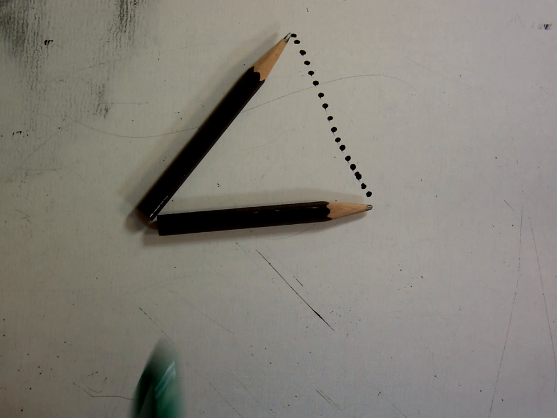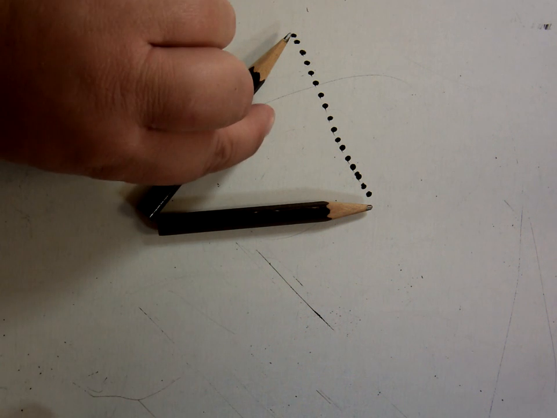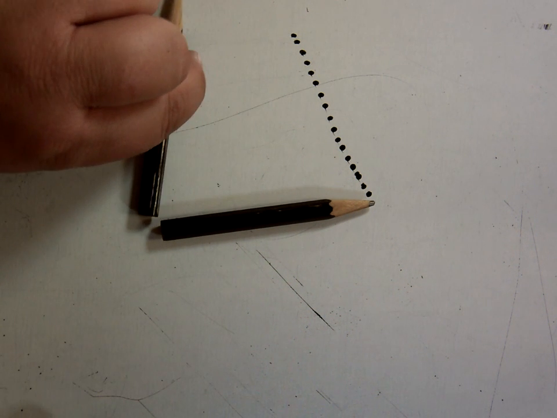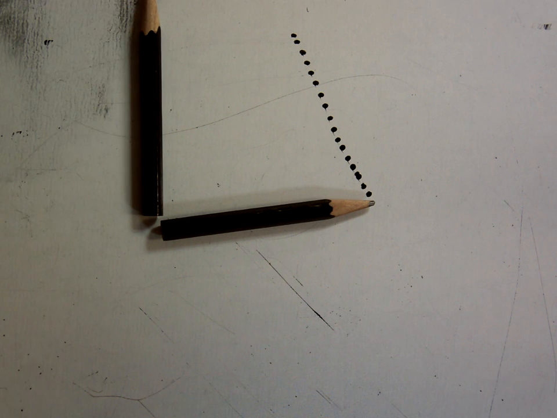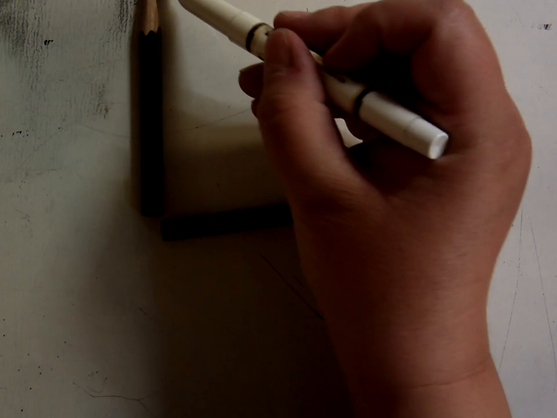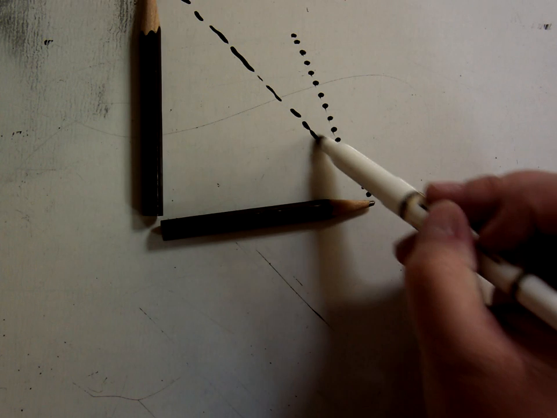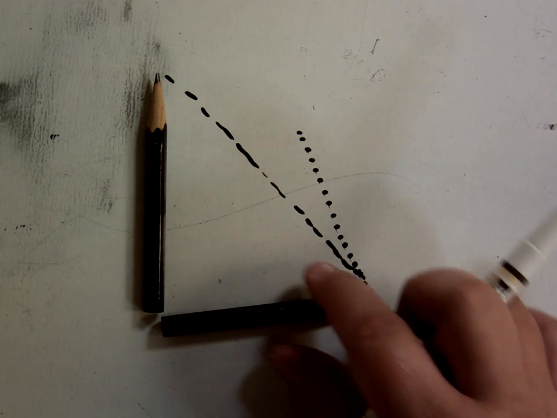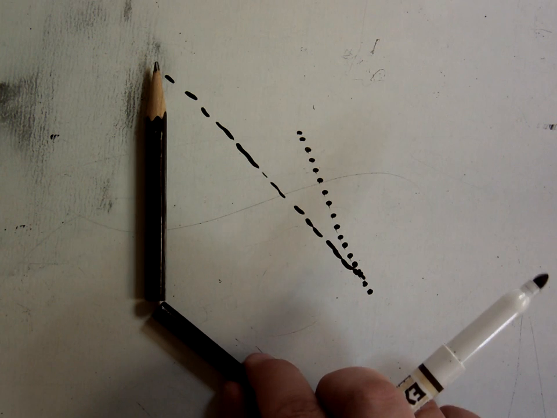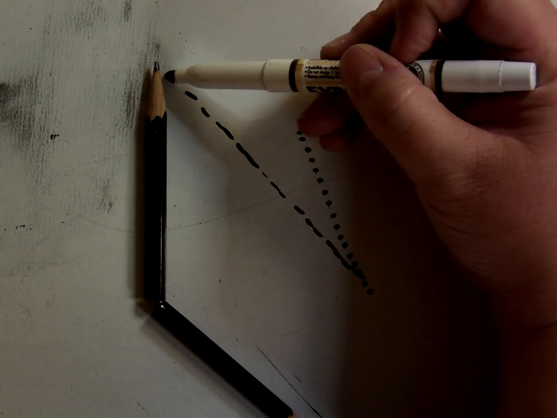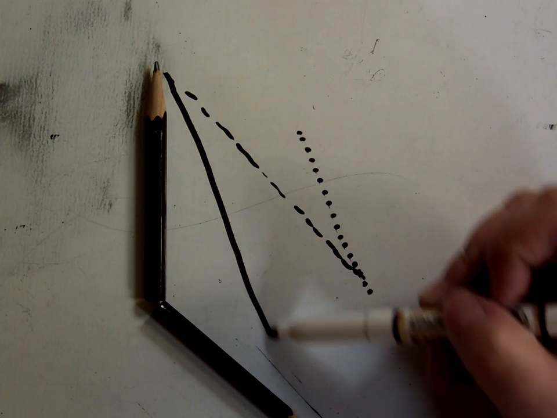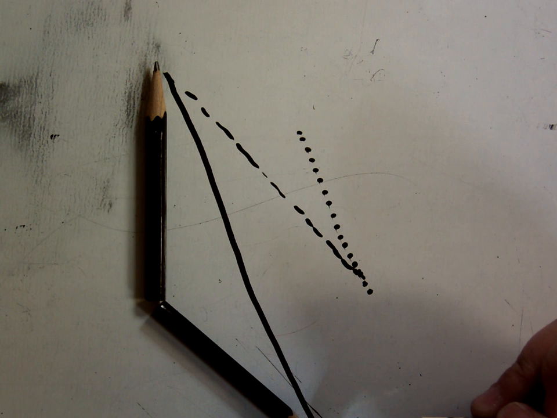But if I make that angle bigger, this angle between the two pencils, like right now it looks like about a right angle. Now the side between the two ends has to be this long, much longer. And if I make the angle even bigger, now the third side of the triangle would have to be this long for it to meet.